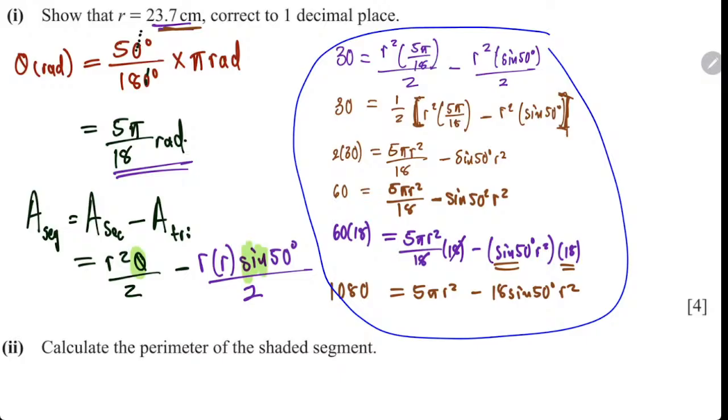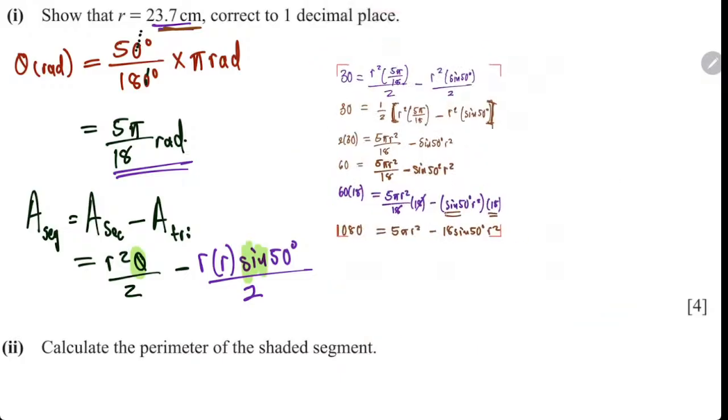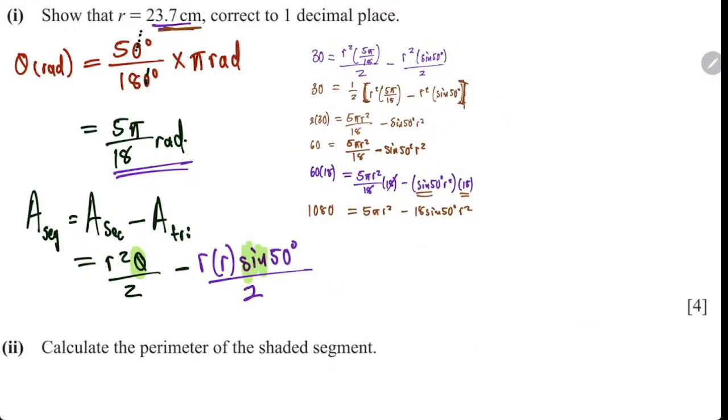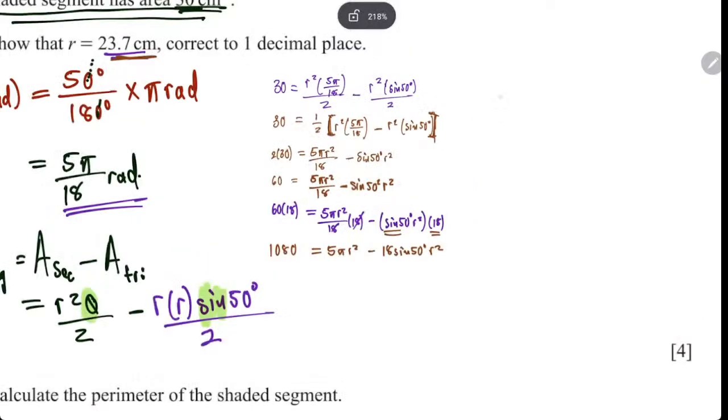We need r squared, class. We need r squared to be alone. So you bring out the r squared now. You say 1080 is equal to r squared comes out. You remain with 5 pi minus 18 sine 50 degrees.